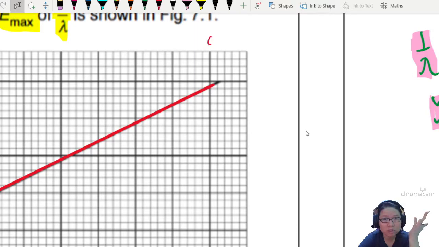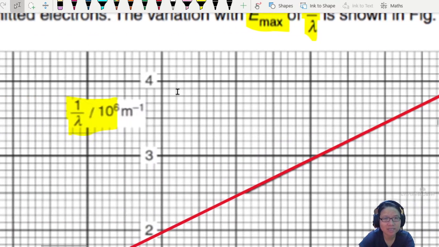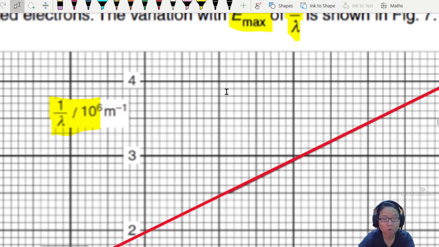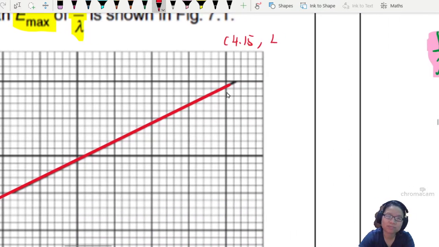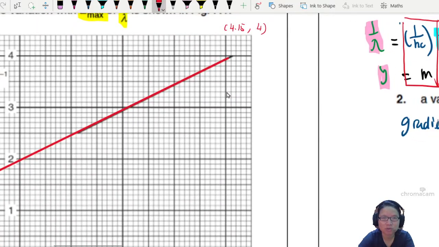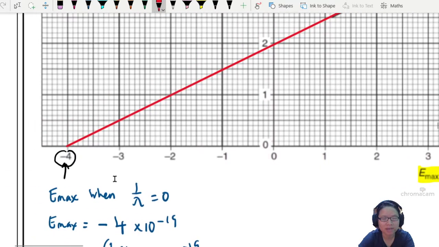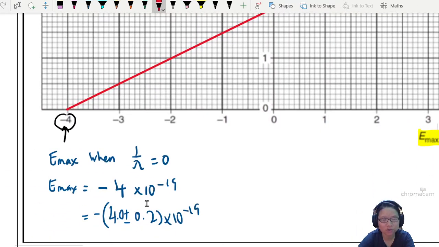It looks like half a box to me. So this is 4.15, comma, this one is exactly at the thick line, 4. Very nice. So I'm going to use this coordinate, the top part here, and I'll use the bottom part here, -4, 0.